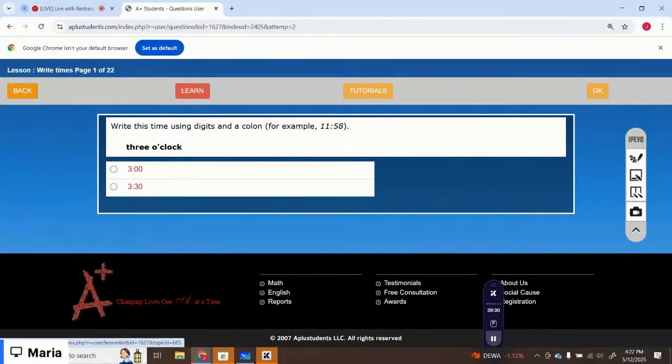The correct option is B. Write the time using digits and a colon. Option number one is the correct one. That is 3 o'clock.